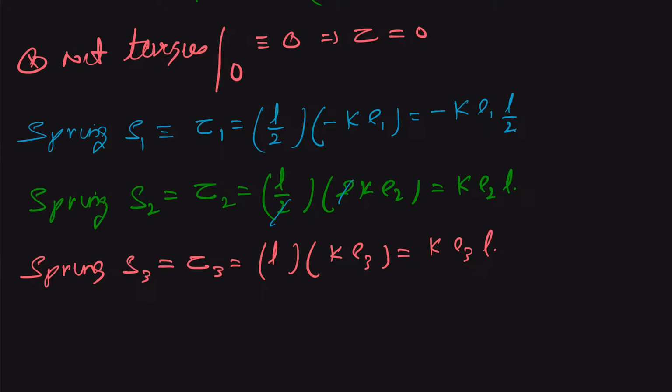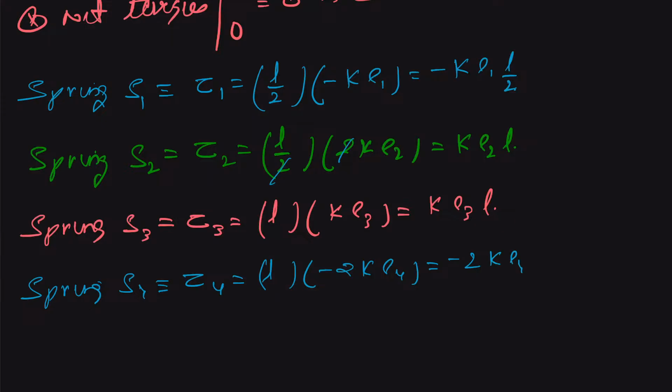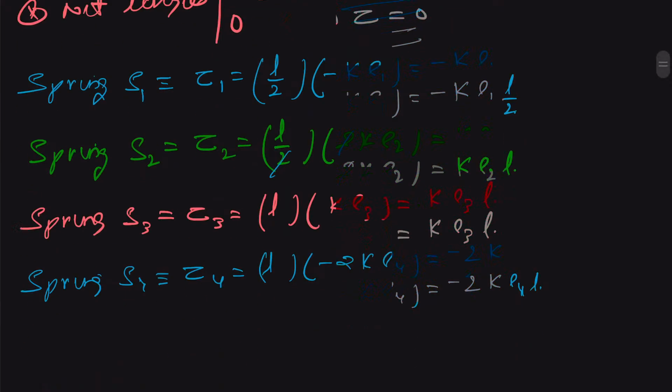And the last one, spring S4. That is our tau 4, and that will be also at the length L. This is minus 2k times E4, giving us minus 2k E4 times L, and net torque is equal to 0.